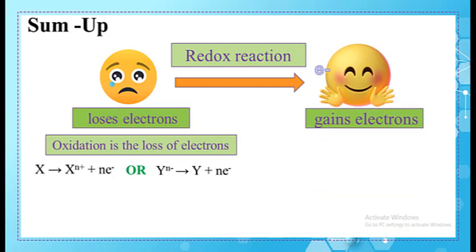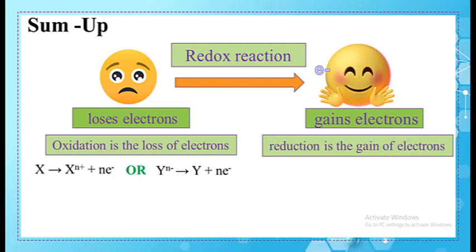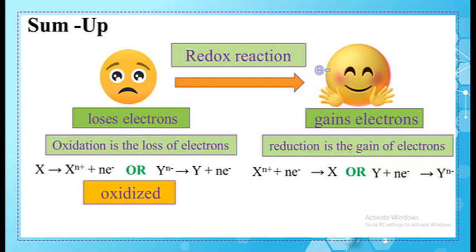The other element, which gains electrons, undergoes reduction half reaction. This reaction in general is Xⁿ⁺ plus an electron gives X, or Y plus an electron gives Yⁿ⁻.